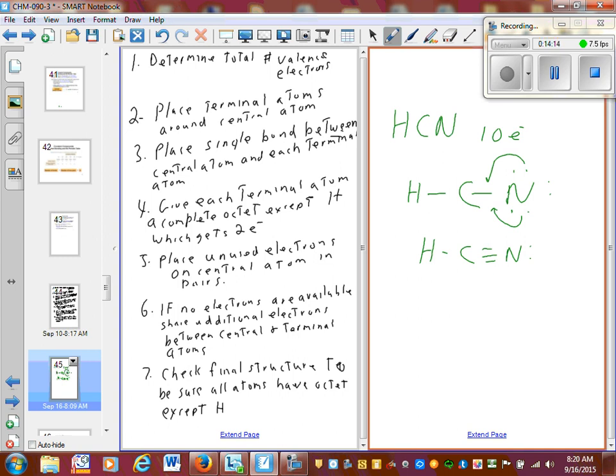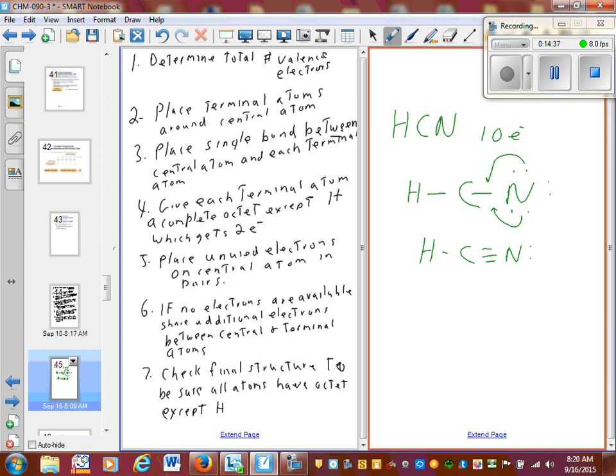Okay? So carbon needs 8, so it needs 4 more. It can only get unused electrons. The only terminal atom that has unused electrons is the nitrogen. It has 6 of them. So it gets 4 from the nitrogen. So that gives us a triple bond. So now everybody has 8. 2, 4, 6, 8. 2, 4, 6, 8. And hydrogen has 2.